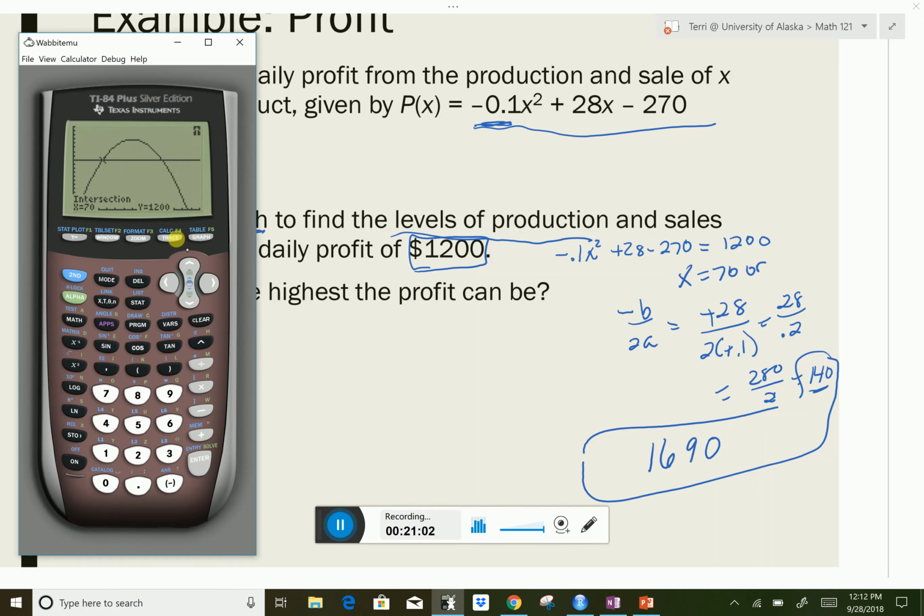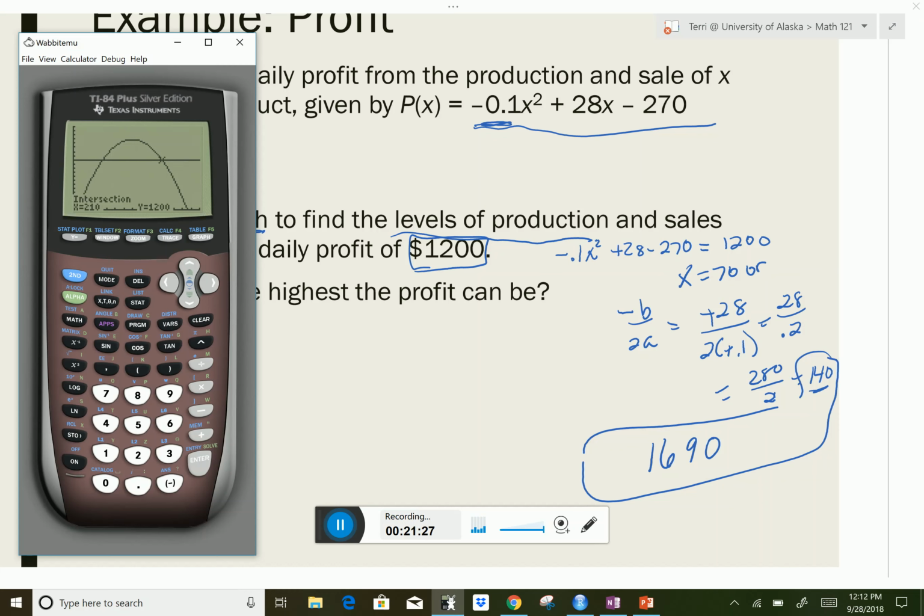So I have to run intersection again. 5, first curve, second curve. And then now my guess. Okay, there's my guess now.